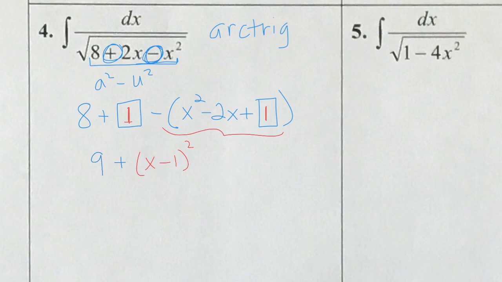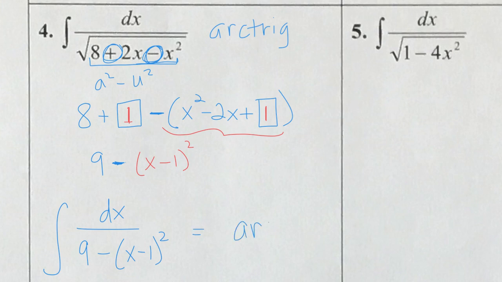Sorry, that's not a plus in the middle. That is a minus. Right? This was a minus here, so that's a minus there. So now I'm looking at the integral of dx over the square root of 9 minus x minus 1 squared. Okay, now hopefully you recognize this as being an arc sine trig antiderivative.